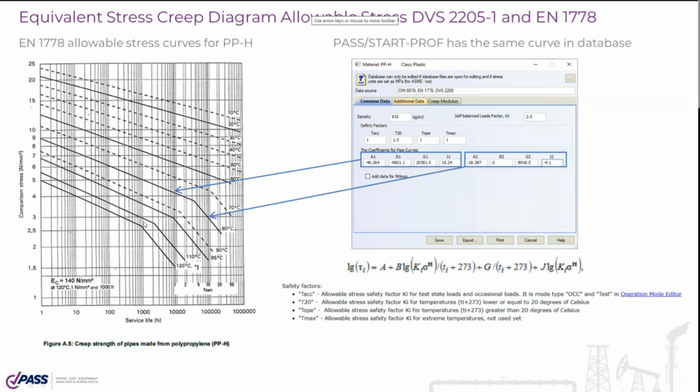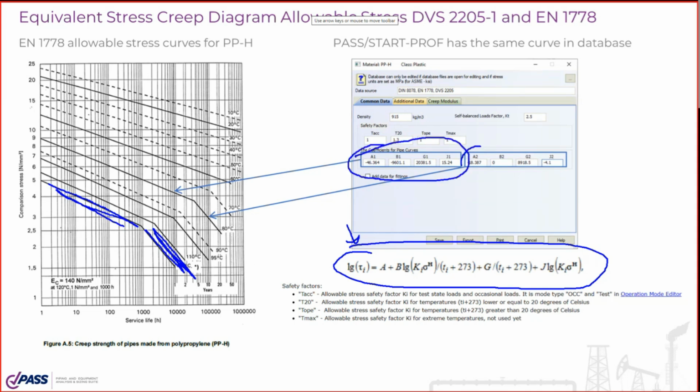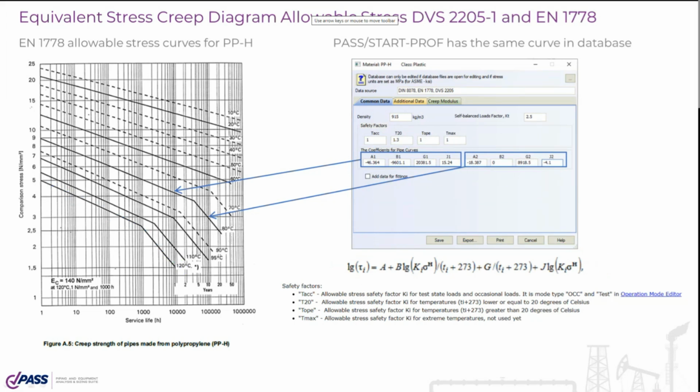And this is how it looks on the graph. That diagram can be approximated using the following two equations. One equation for the left curve, this one, and one equation for the right curve, this one. So this is the left curve and this is the right curve.